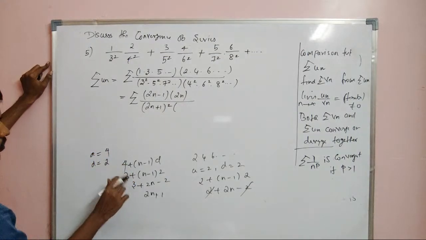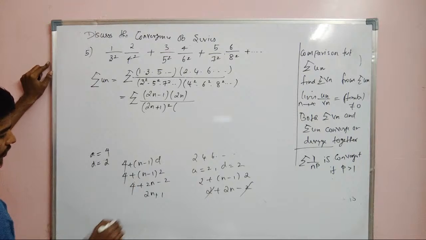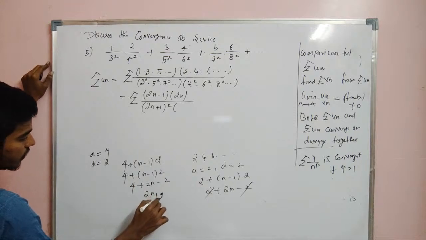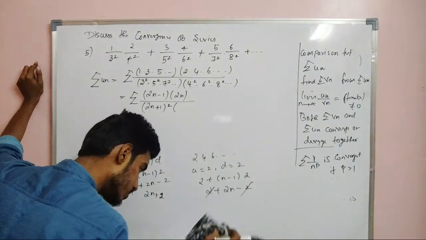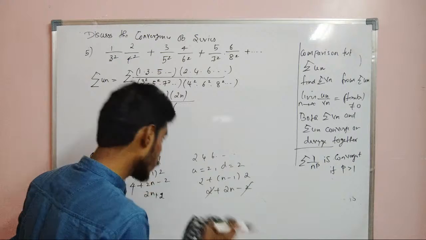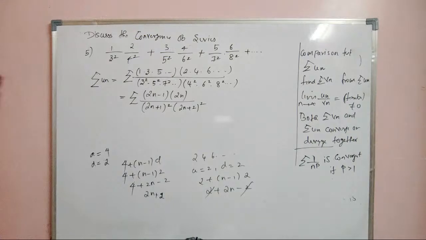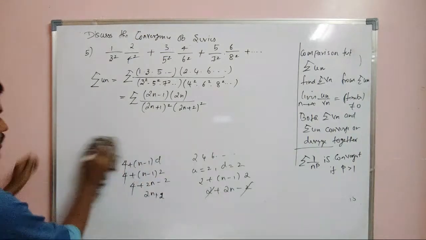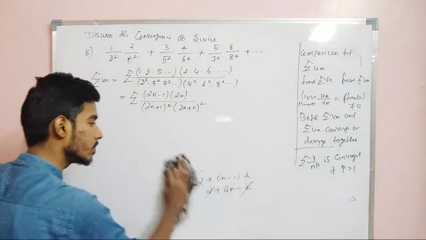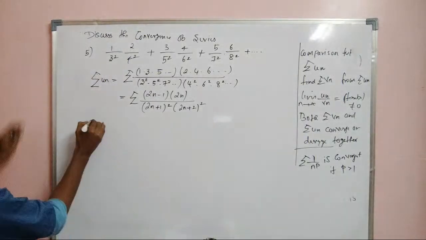So it will be 4 plus (n minus 1)2, which is 2n plus 2. So (2n plus 2) whole square. This is the nth term of the series, right? So it is very easy. The only thing is you need to apply the a plus (n minus 1)d formula for each term.